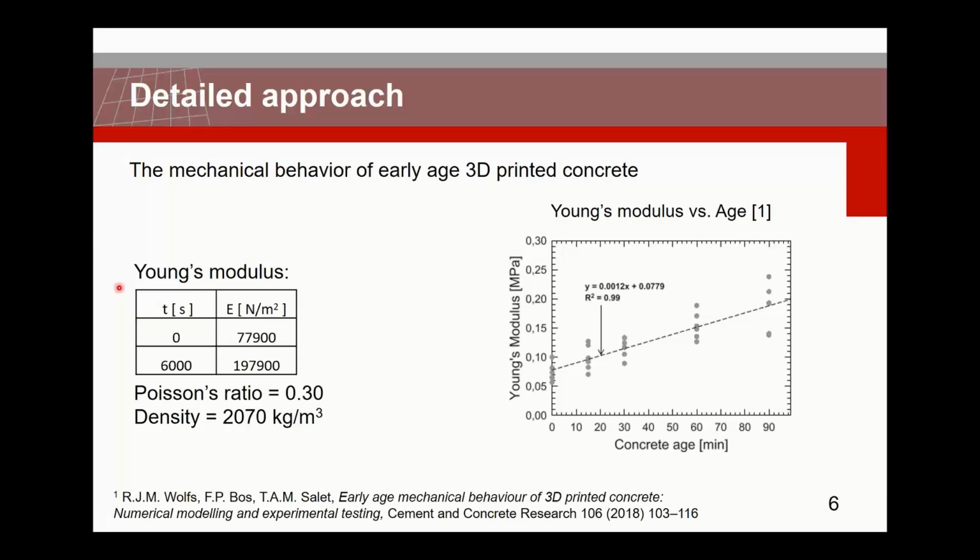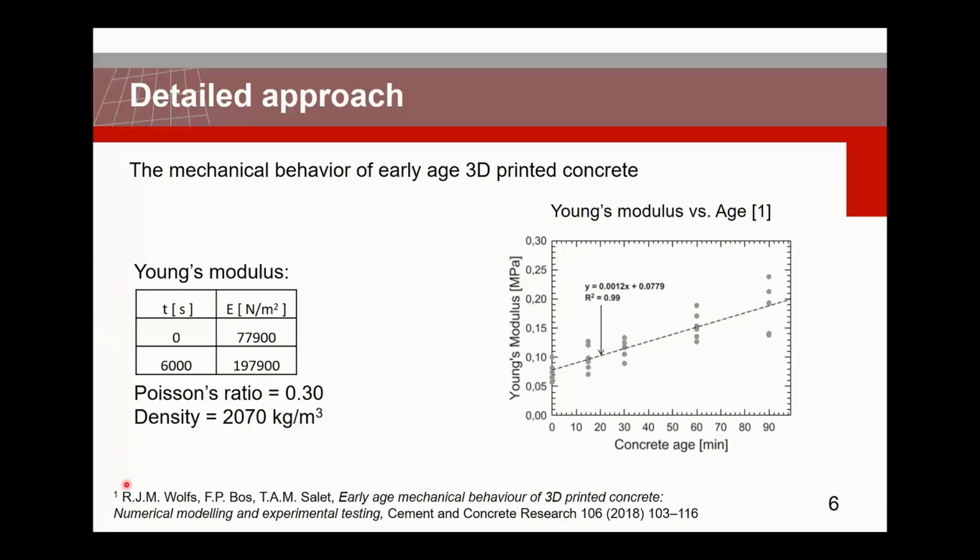Next up is the mechanical behavior of early age 3D printed concrete. Not too much is actually known about this young an age of concrete. At the University of Technology of Eindhoven, they have done some research on this behavior.